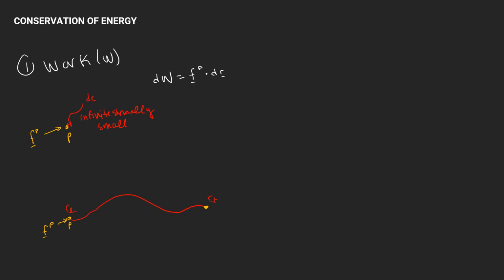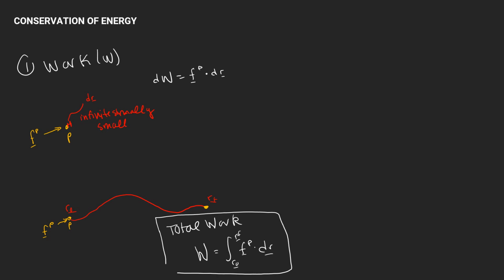And so the total work done by this force over this path here is, and so we'll have work is equal to the integral of force times the displacement, and this goes from RO to RF.